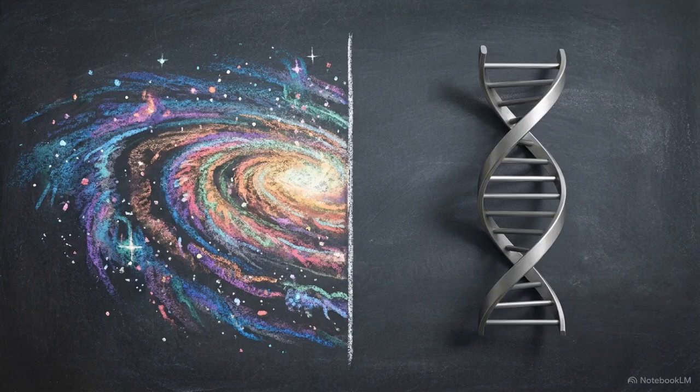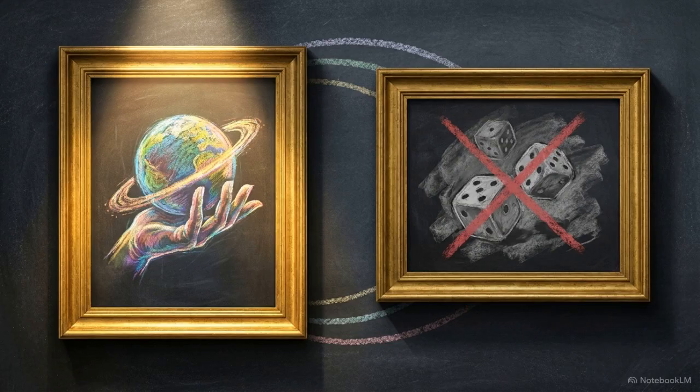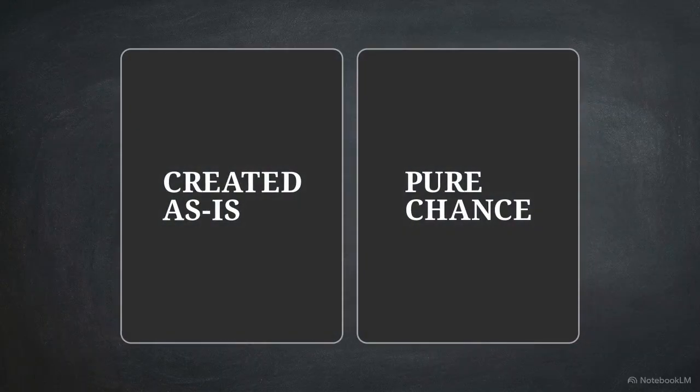We see this exact logical error in arguments concerning the origins and natural states of the universe. Take the traditional design argument. It posits that either a divine creator built the universe exactly as it is, or the universe occurred by pure chance. The conclusion drawn is that because a highly complex universe happening by pure random chance is statistically unlikely, a creator must have built it. This diagram shows the false binary at play.